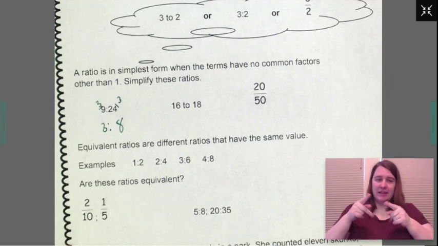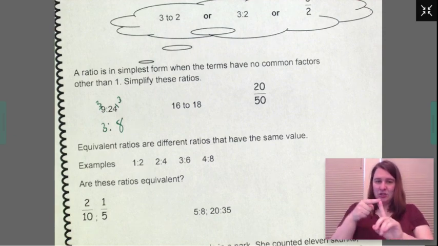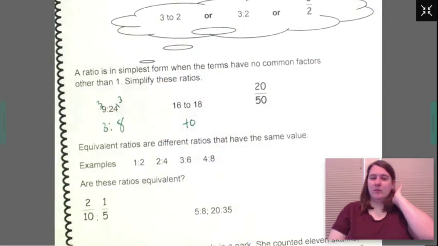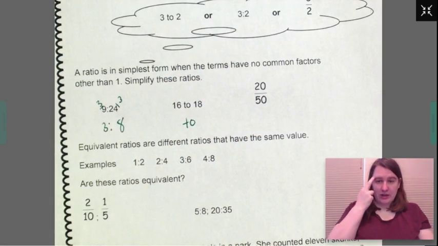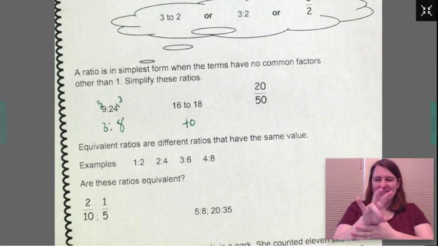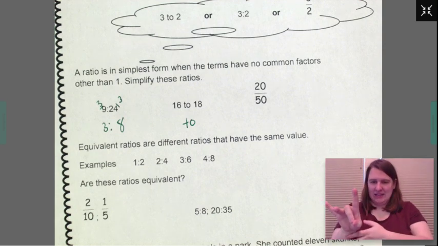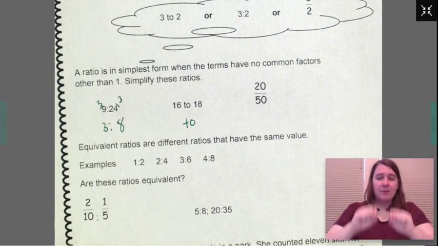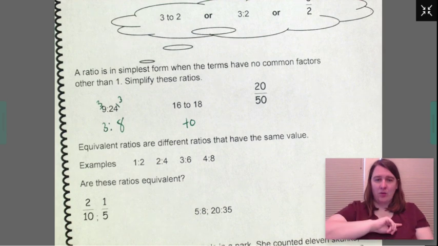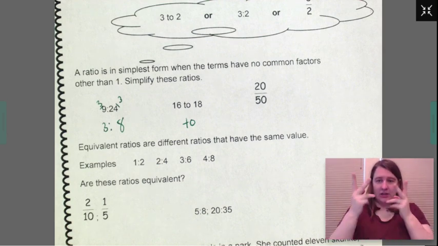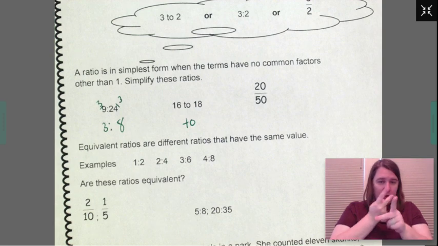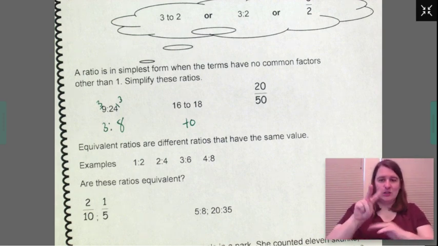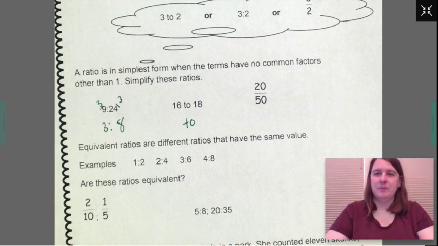All right, let's try 16 to 18. First thing you're going to realize is that 16 and 18 are both multiples of 2. But let's look at our multiplication chart: 2 times what is equal to 16, and 2 times what is equal to 18.